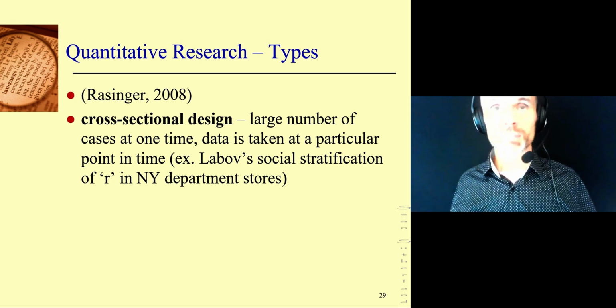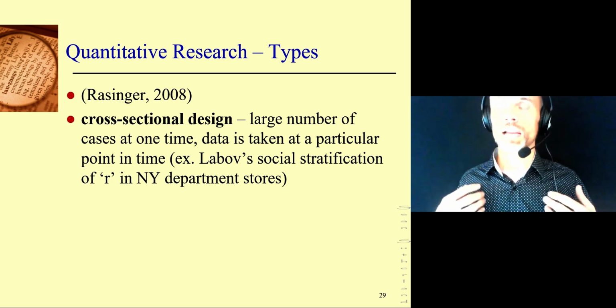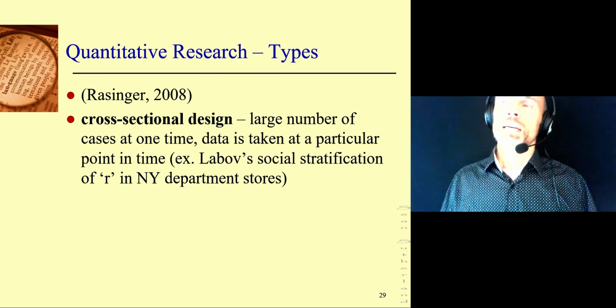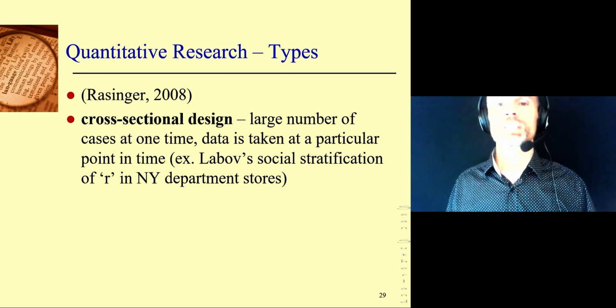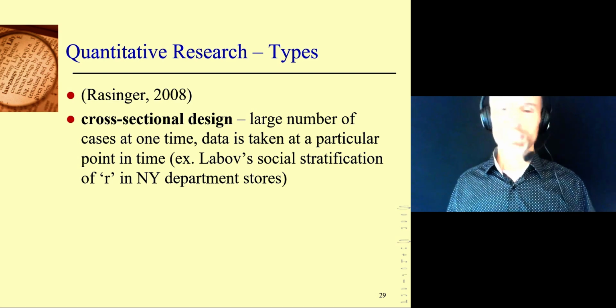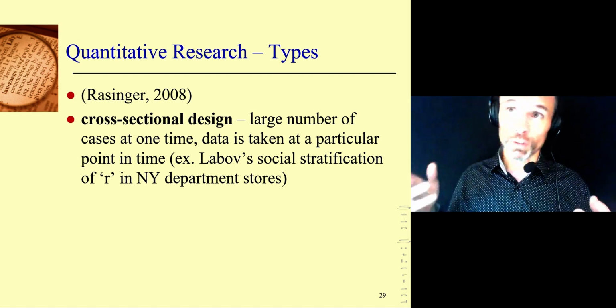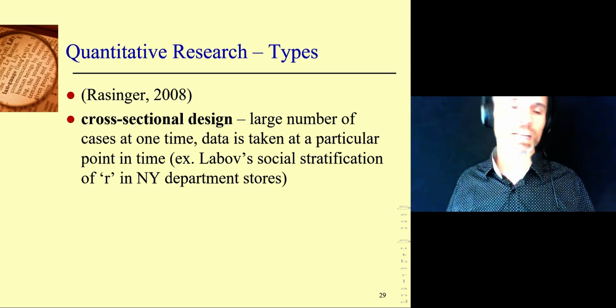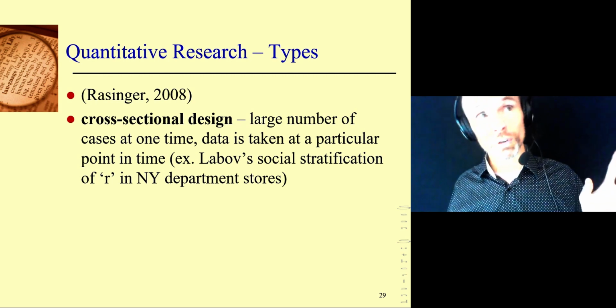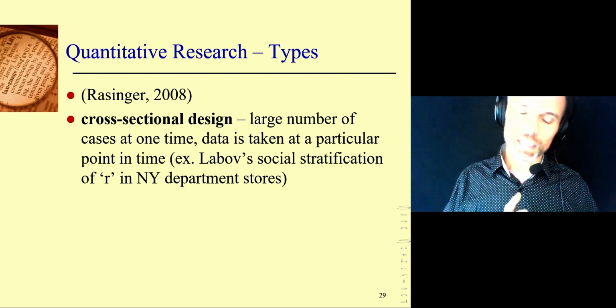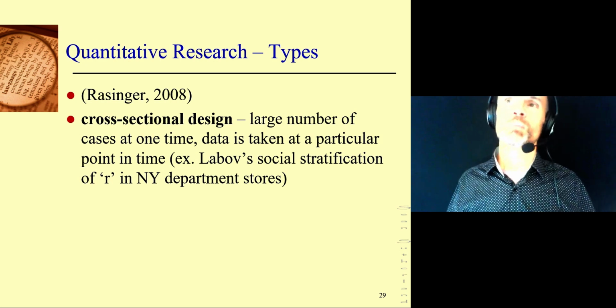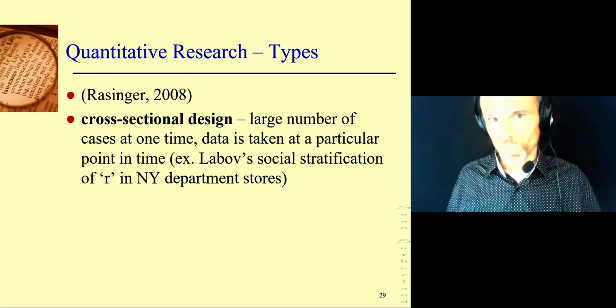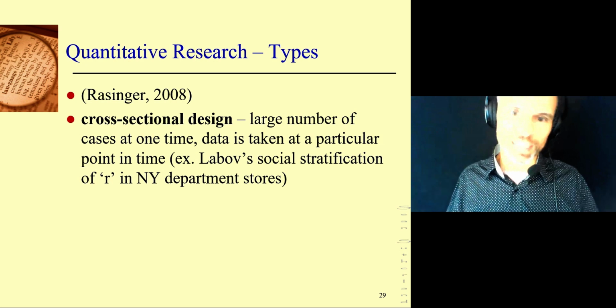Labov found that in some department stores in New York, particularly the expensive ones, the people who worked there would say fourth floor when he'd go and look and see what was on the fourth floor, and then he'd pretend he didn't know. He'd say, "Excuse me, where can I find suitcases?" And the person working would say fourth floor. Whereas in the inexpensive department stores, they were more likely to pronounce the word as fourth flow, and we wouldn't hear the R as an R sound, right?